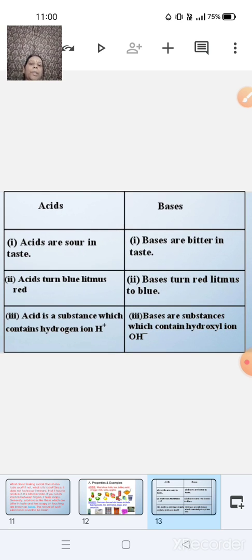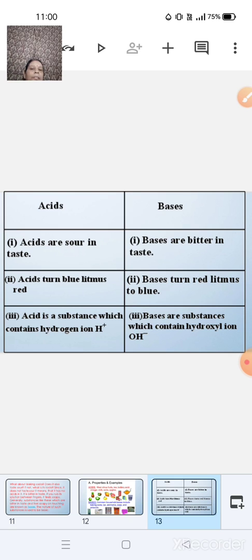So at the moment you know how to identify an acid from a base on the basis of its taste. Further in the chapter we will be talking of many more ways to identify a substance as an acid or a base.